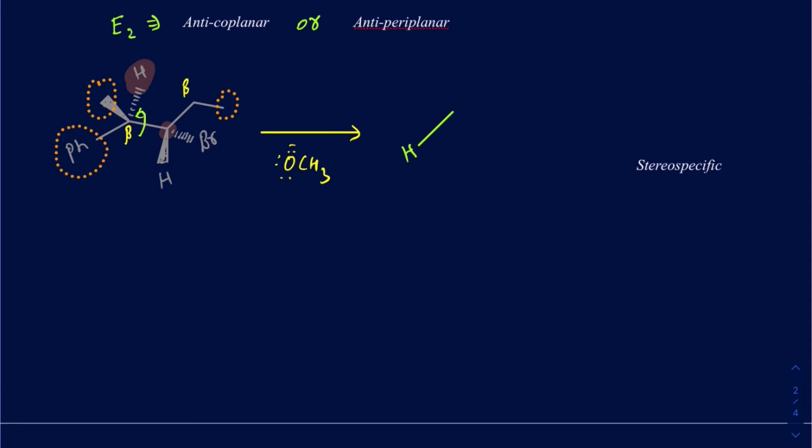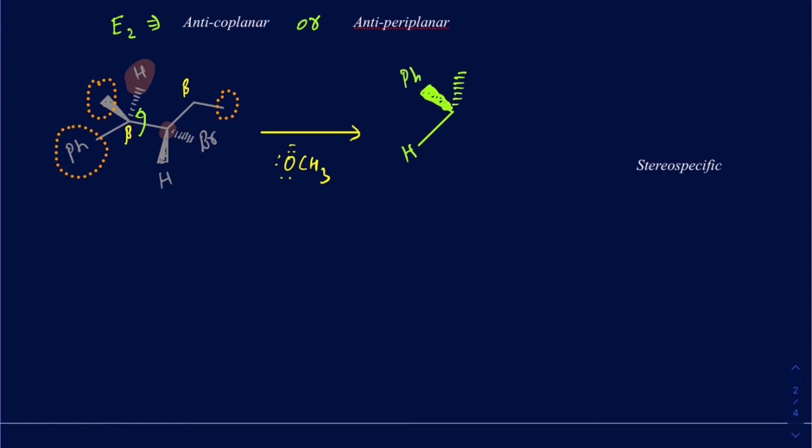When you rotate this, your hydrogen comes down here, and then everything flips positions. So when your hydrogen comes down here, you're going to have your methyl now going back into the page, and your phenyl coming out of the page. Another way of saying it, you just rotate everything here.